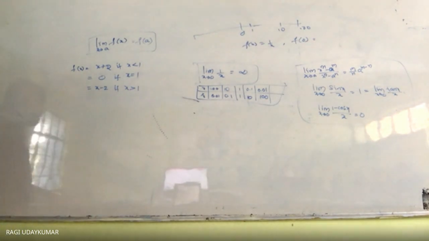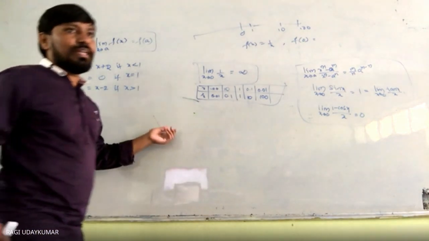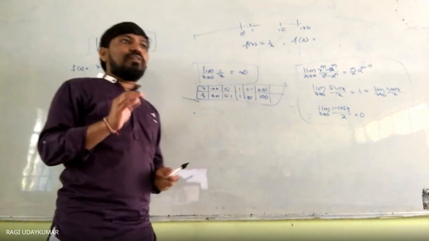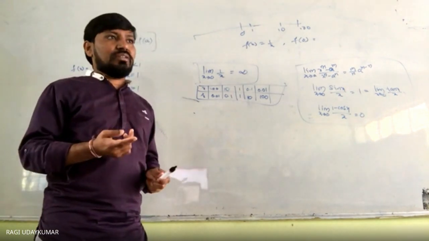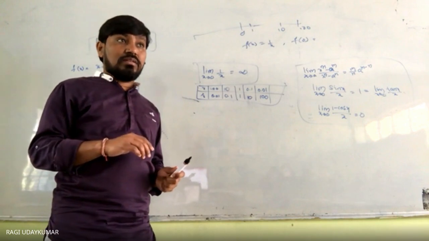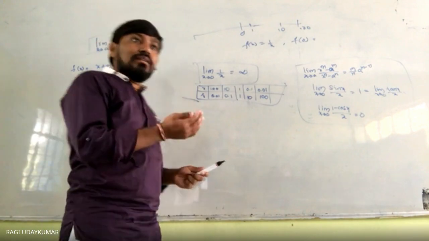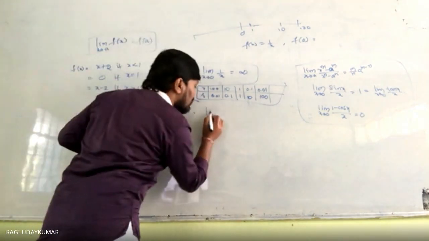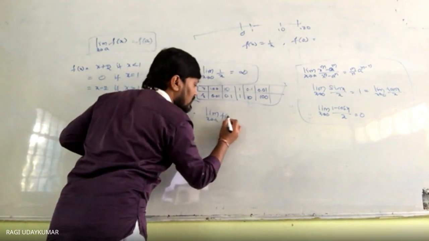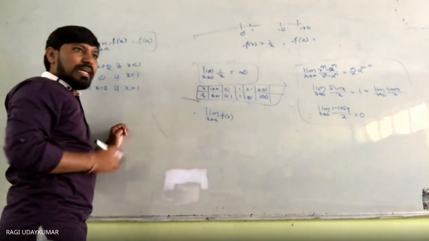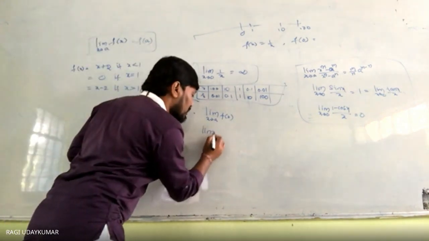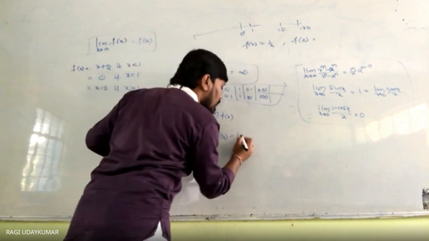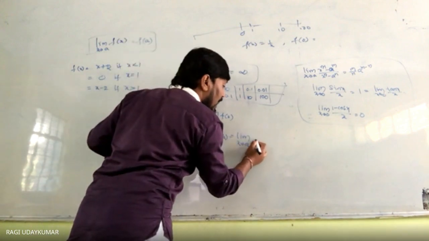Whenever the function is a split function and you want to find the limit, there will be a left hand limit and a right hand limit. If I ask you to find the limit as x tends to a of f of x, you need to say that the limit as x tends to a minus of f of x should be equal to the limit as x tends to a plus of f of x.